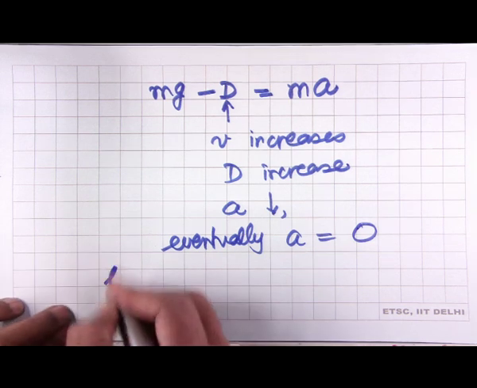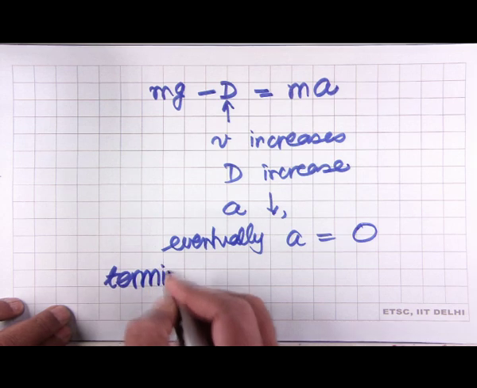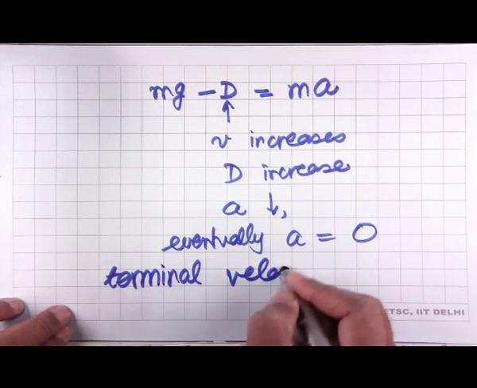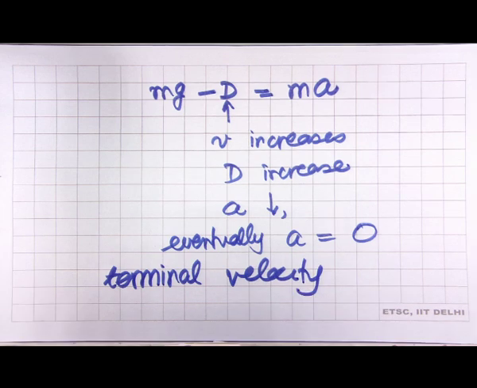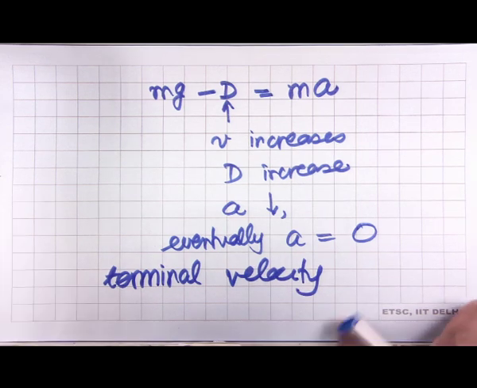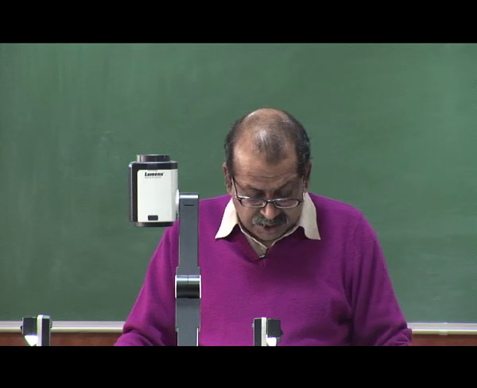And this is what we call the case of terminal velocity. When the body starts to move with 0 acceleration, we call it terminal velocity.